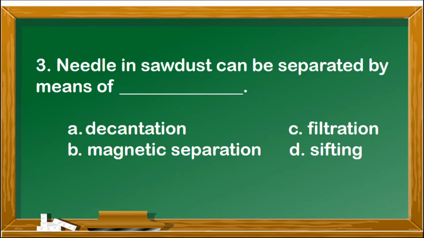So kanang gitawag ana kanang mga hulog gani after magabas og kahoy, mo na gitawag og sawdust. So ang needle kanang dagom na ipon dito sa sawdust sa inyong buhaton. Sa ang pag-separate ana nga measure? A. Decantation, B. Magnetic separation, C. Filtration, and D. Sifting. Correct answer is magnetic separation.